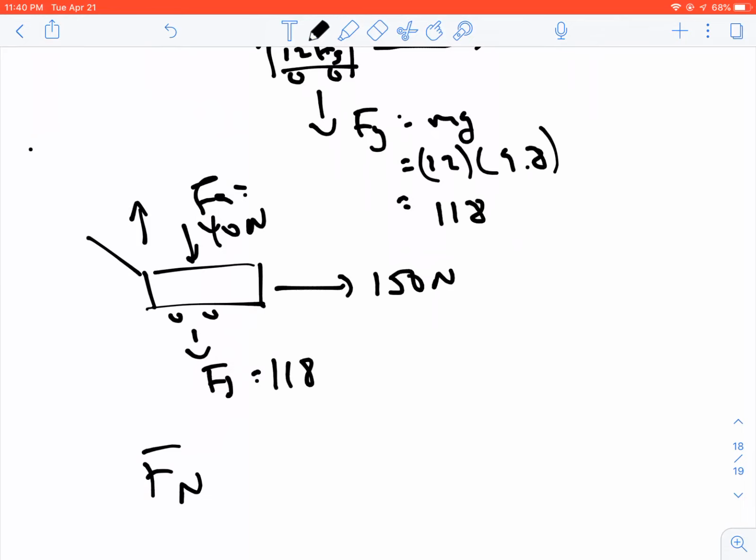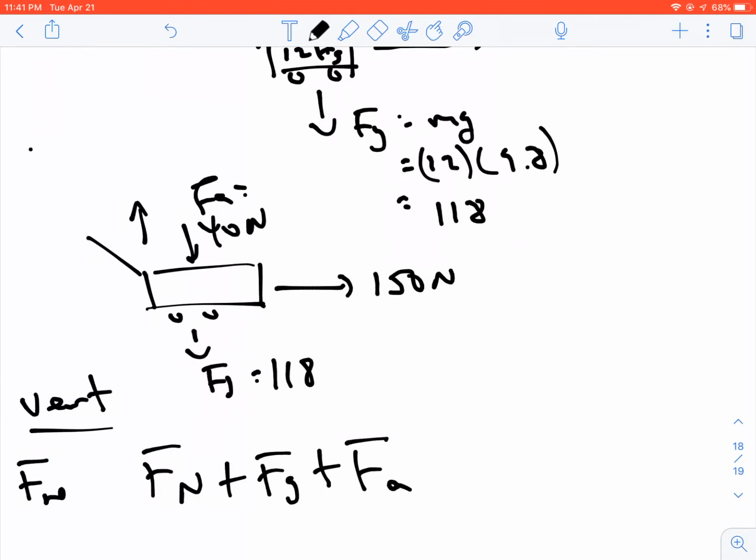So if I look at all my forces here, my normal force, if I look at the vertical components, there are three forces acting in the vertical plane, the up-down plane, right? Three forces. Those three forces are going to be the net force in the vertical plane: 118 for gravity, 40 because I'm pushing down, and then the normal force going up.